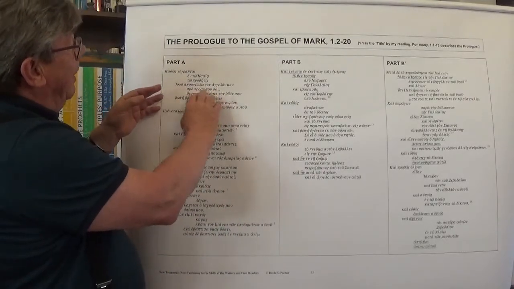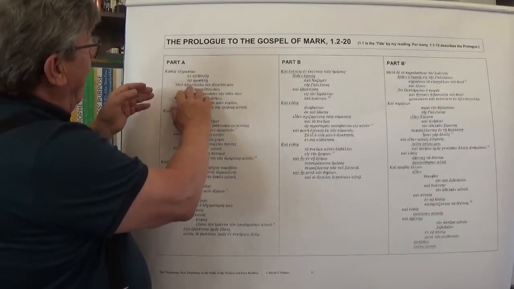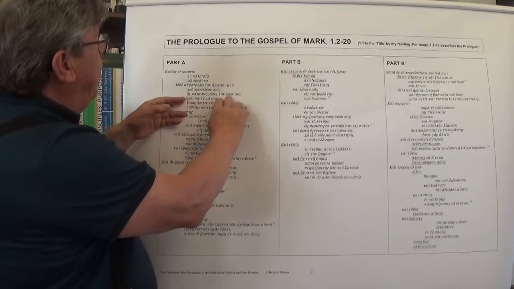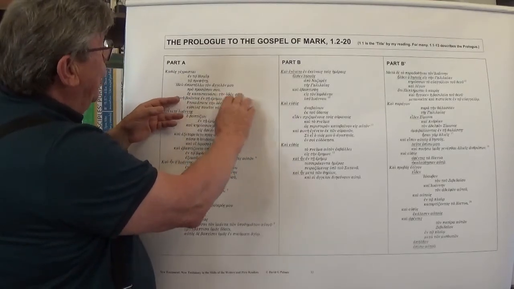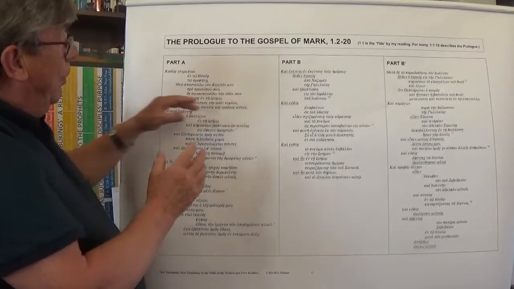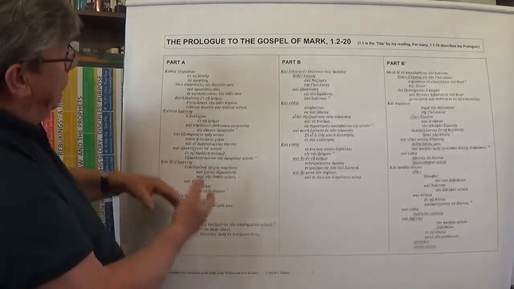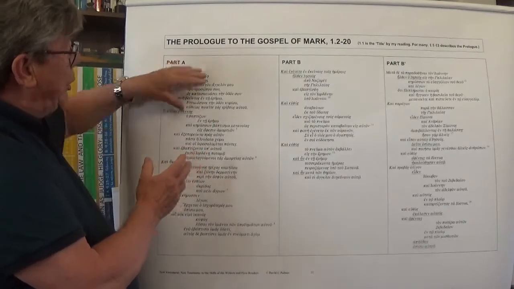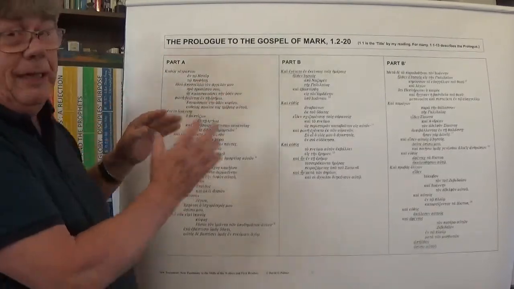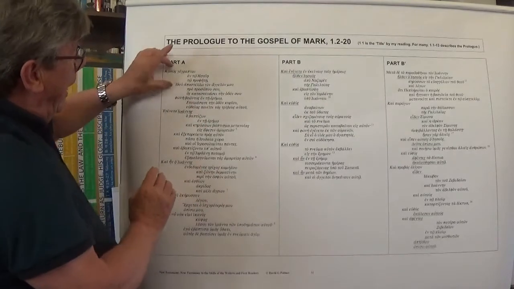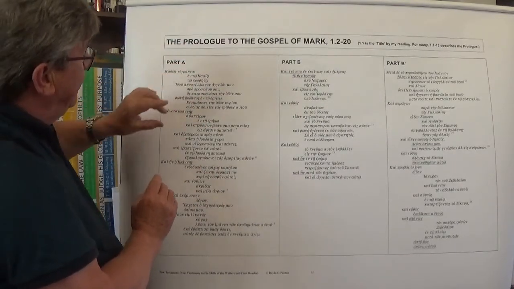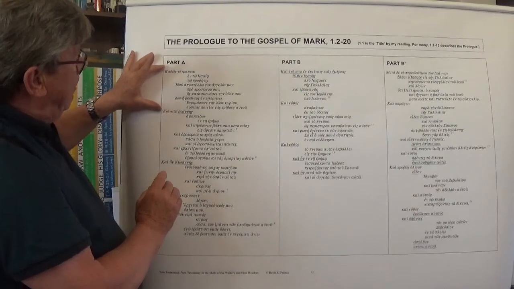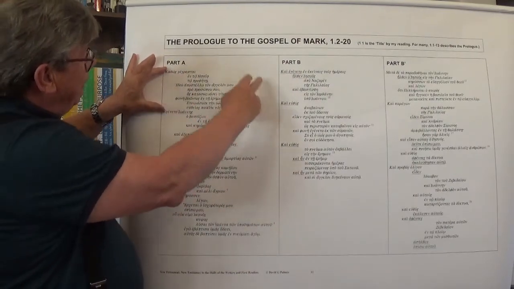Behold, I am sending my messenger before your face, who will prepare the way of you. So it's a succession. What I produce on the next page is a literal translation in English of these Greek words in their succession, and I identify three parts that make up this three-part opening whole.